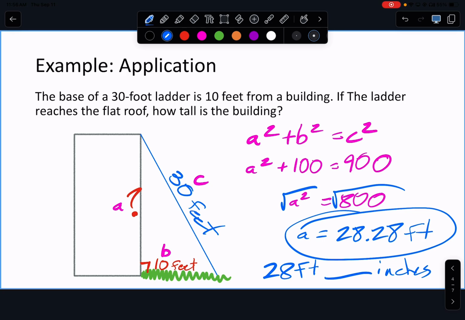How many inches are in a foot? 12. So what's a fourth of a foot? Grace, you said it. Not 30. 3. Okay, 3 inches would be a fourth of a foot. So this is going to be about 28 feet, 3 inches.